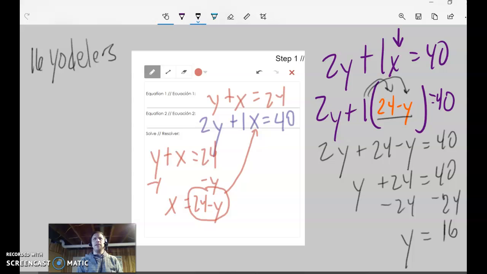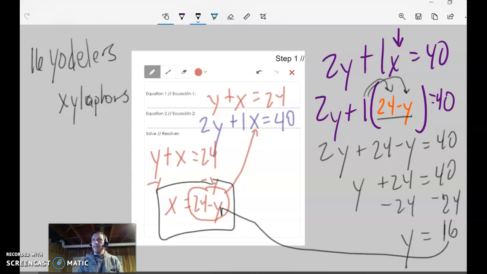How do I find how many xylophones? I can't spell that. Xylophones. Yeah, just come on back to this. If I know I had 16, I can plug that in for this guy, and 24 minus 16 is my number of xylophones. 24 minus 16 gives me 8.